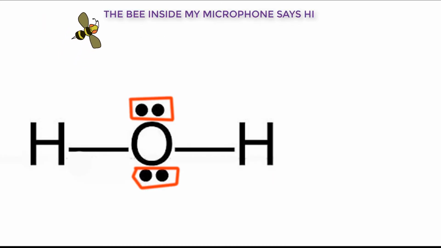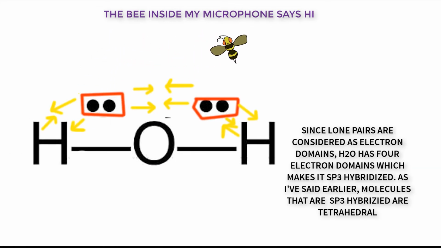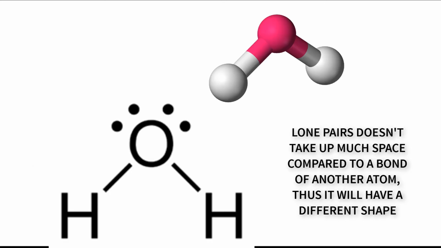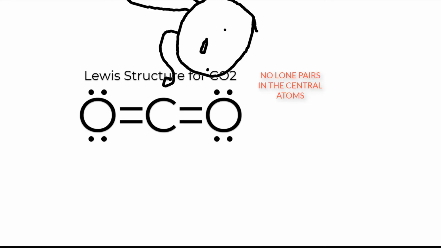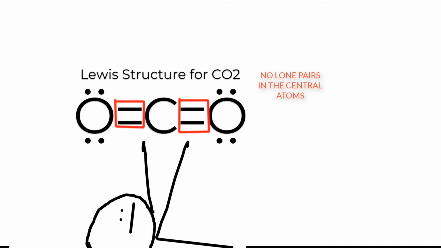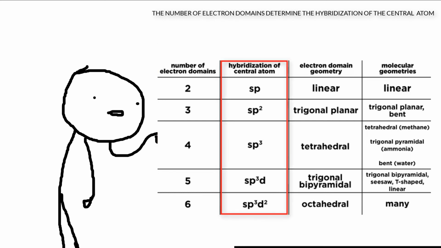The lone pairs of oxygen are pushing away the hydrogen atoms, which makes it a tetrahedral electron domain geometry with a bent or angular molecular geometry, while CO2 doesn't really contain lone pairs, just bonds to oxygen. To summarize, the number of electron domains, whether it is a covalent bond or a lone pair, determines the hybridization of the central atom.